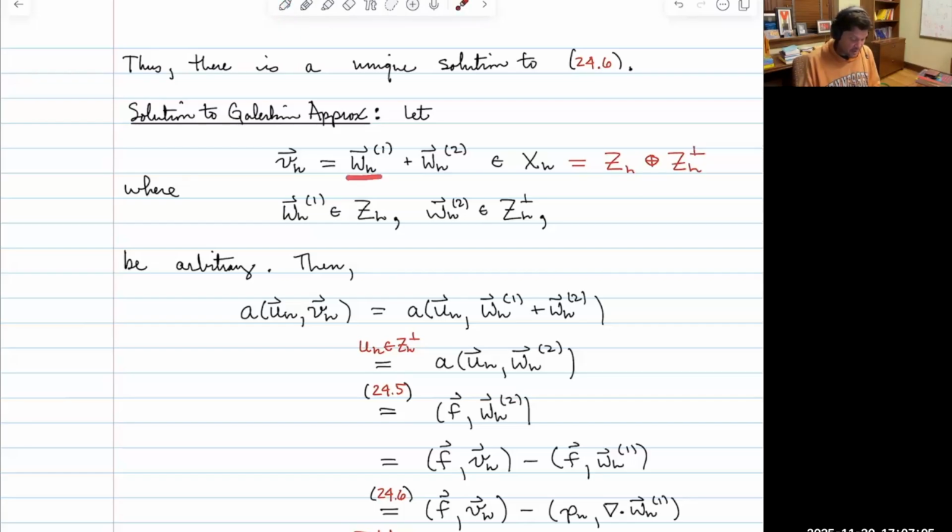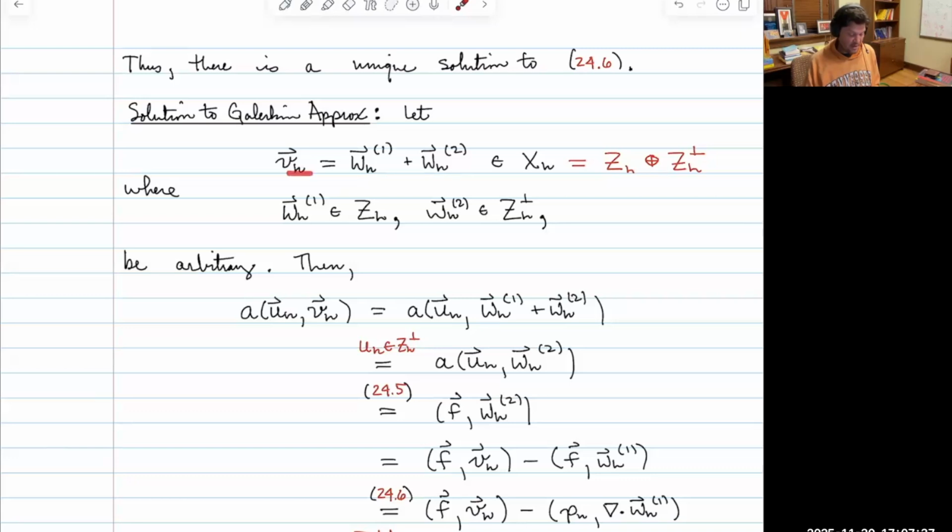So this first object is going to be from ZH, and the second object is going to be from ZH perp. I hope everyone's okay with that. Whenever I take this arbitrarily, it has a unique projection into this space, and a unique projection into this space as well. So it's a little bit like saying these two functions are also arbitrary.